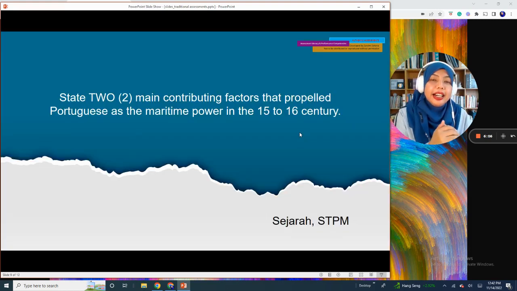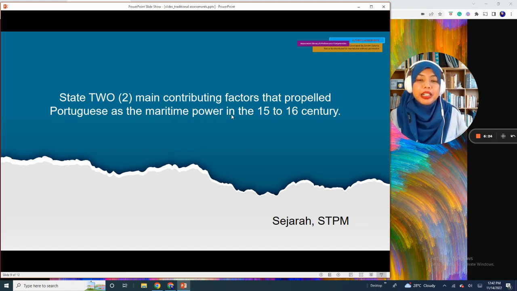Okay, let's look at this example or item. This is a common way of asking items in tests or examinations. So, for example, state two main contributing factors that propelled Portuguese as the maritime power in the 15th to 16th century.